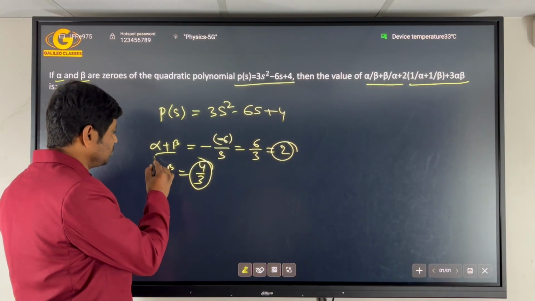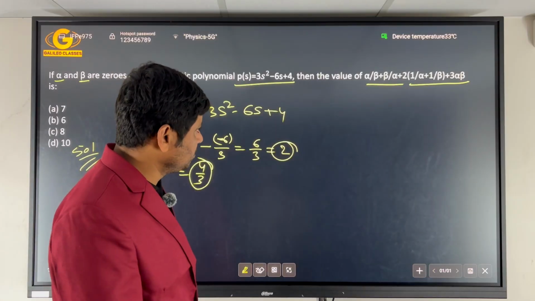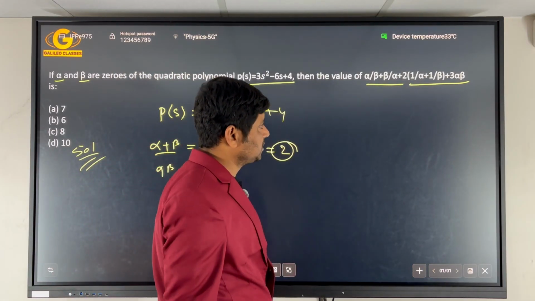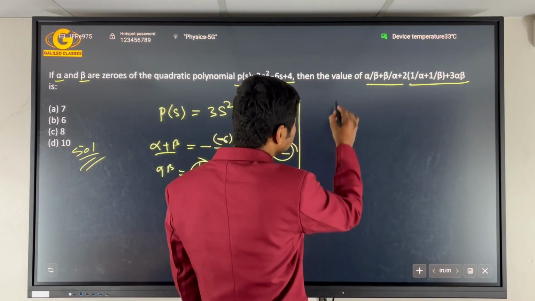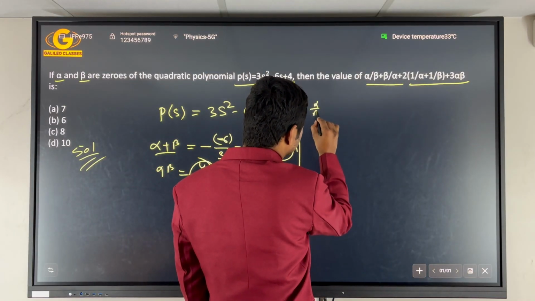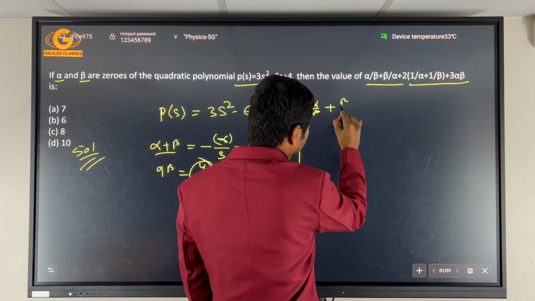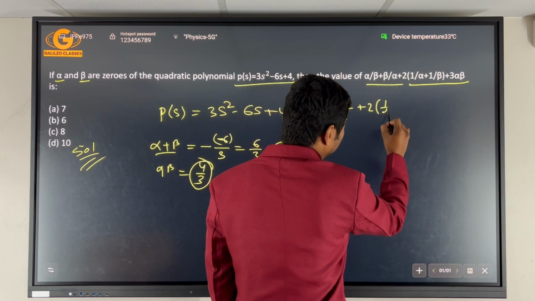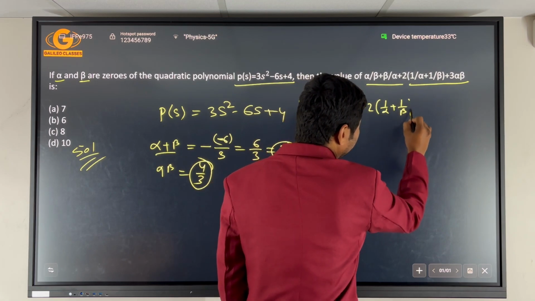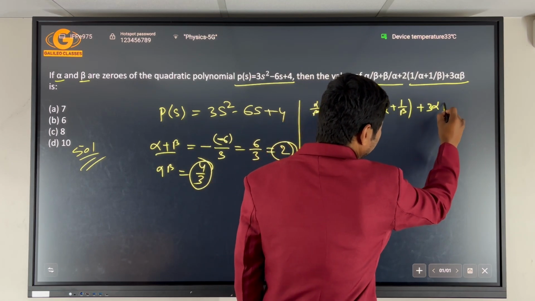So we have to use these two relations there, and we have to find the value of this expression: alpha by beta plus beta by alpha plus 2 into (1 by alpha plus 1 by beta) plus 3 alpha beta.